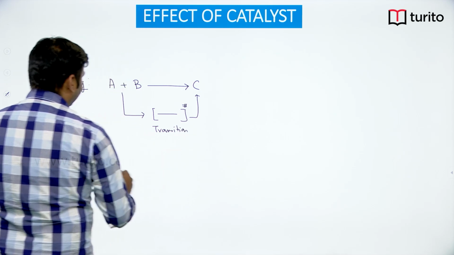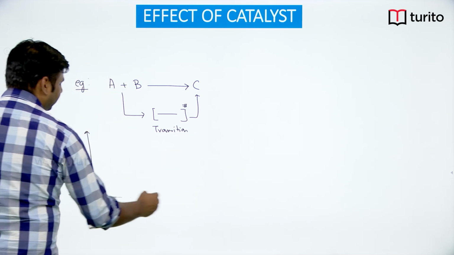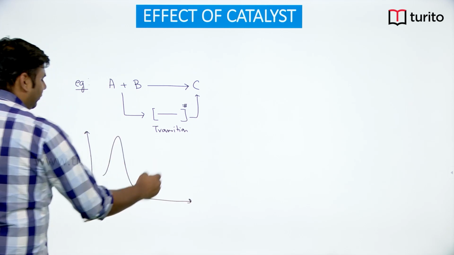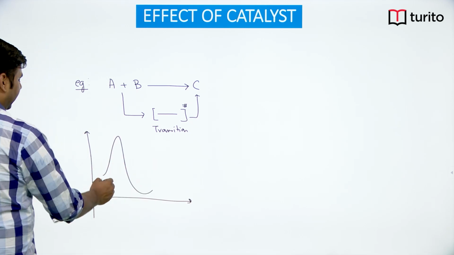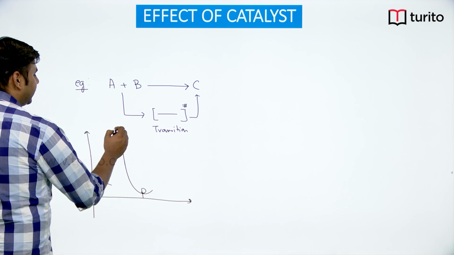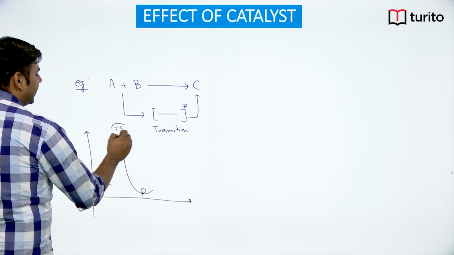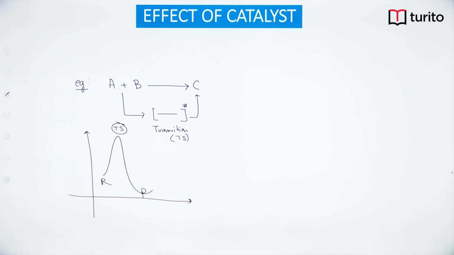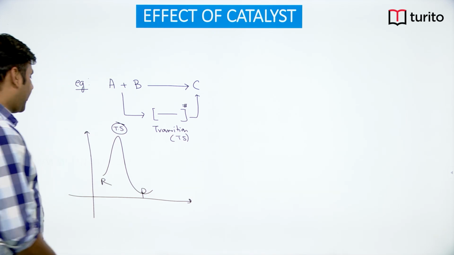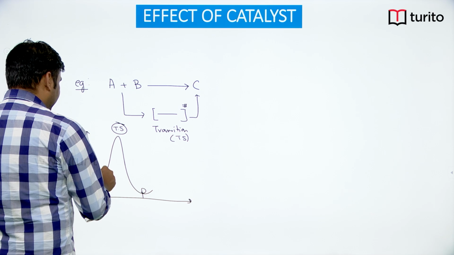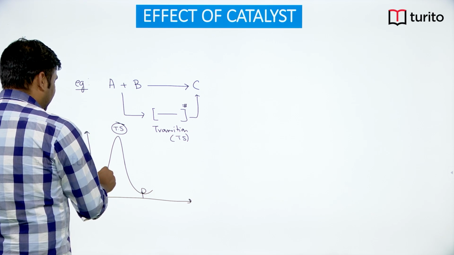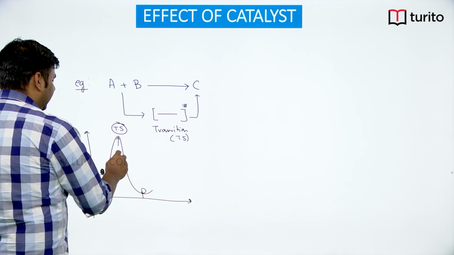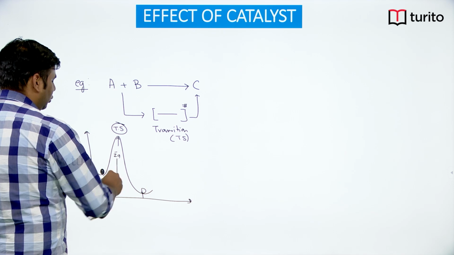Depending upon whether the reaction is exothermic or endothermic, we can plot something like this. This was our reactant, this is the product, and this is the transition state, TS, or the activated complex. Now what does a catalyst do? We know that these reactants require this energy to cross the barrier.